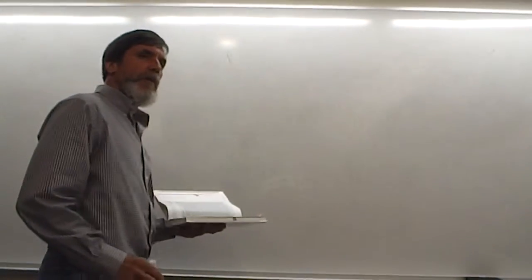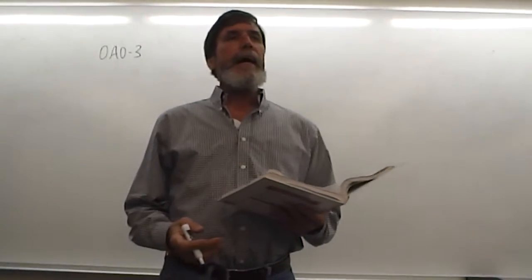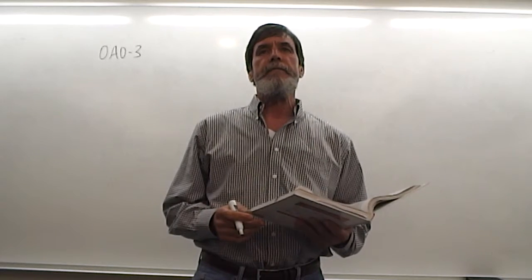It's OAO3, mood and figure. The instructions on the test will tell you to reconstruct the argument form that's indicated by that mood and figure. Then, use the Venn diagram to prove the argument form to be valid or invalid. If it's invalid, identify all formal fallacies committed.